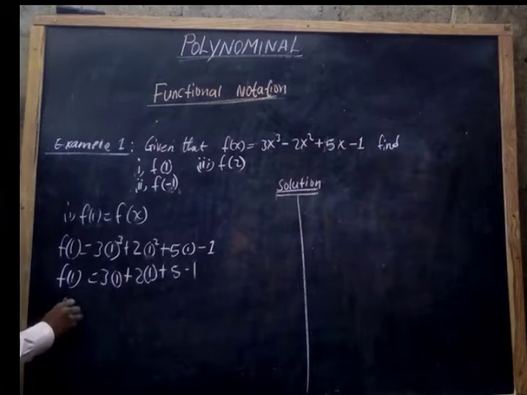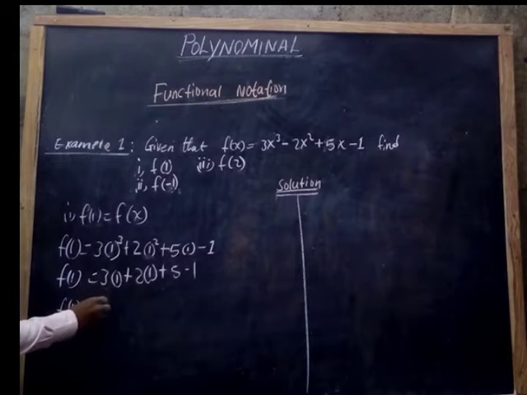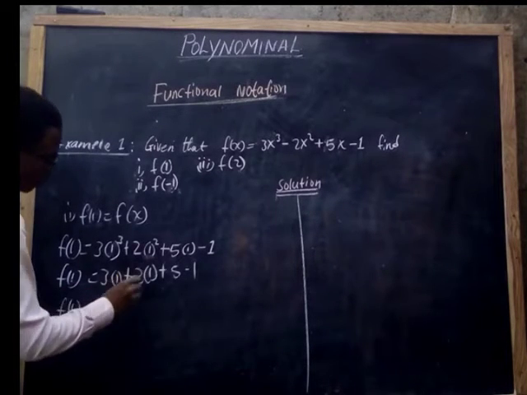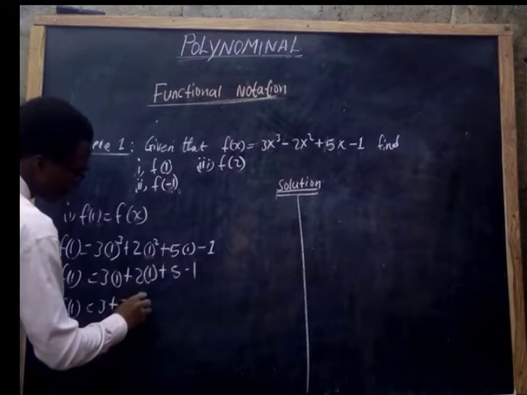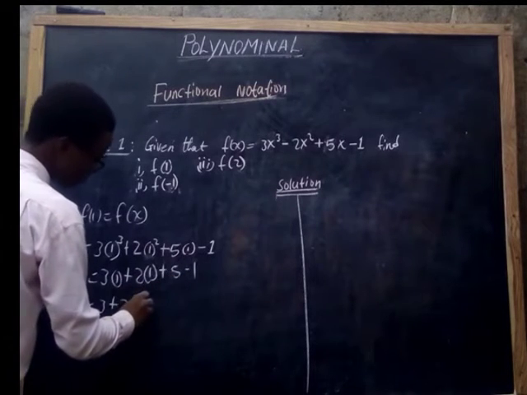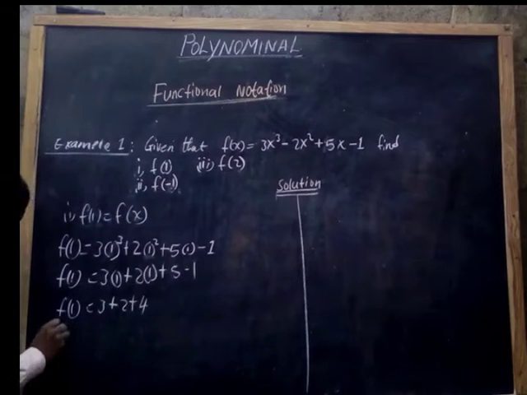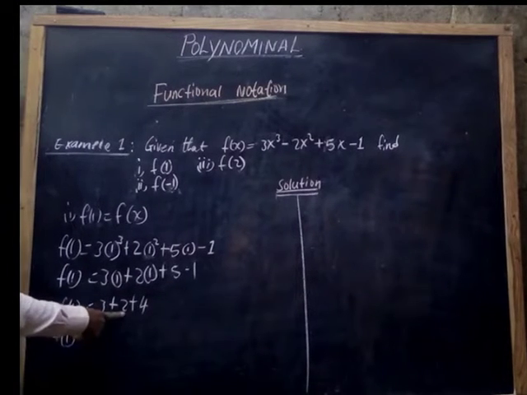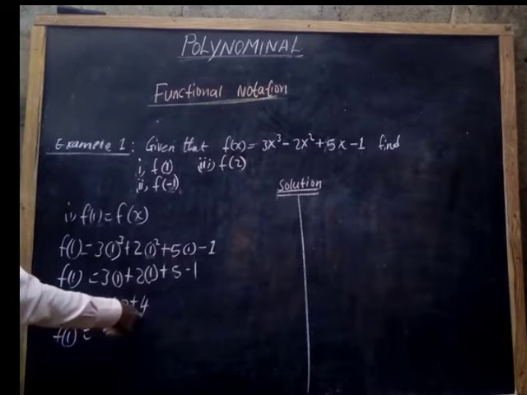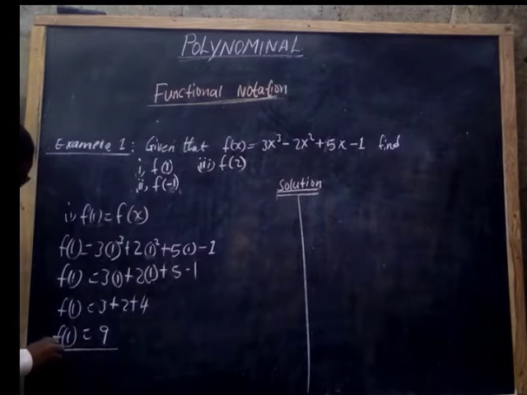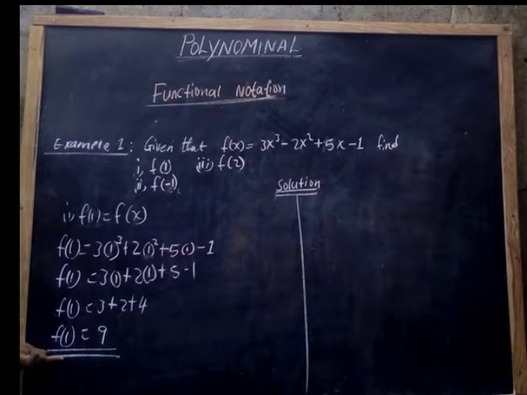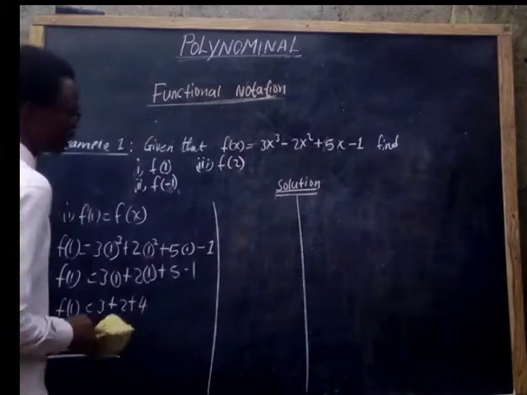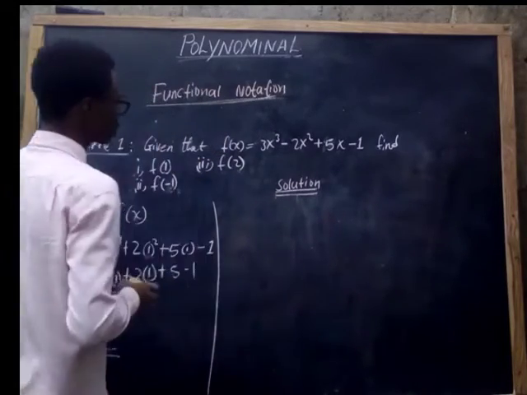So f of 1 is equal to 3 times 1, which is 3, plus 2 times 1, which is 2, plus 5 minus 1, which is 4. 3 plus 2 is 5, and 5 plus 4 is 9. So the value of f of 1 is 9.